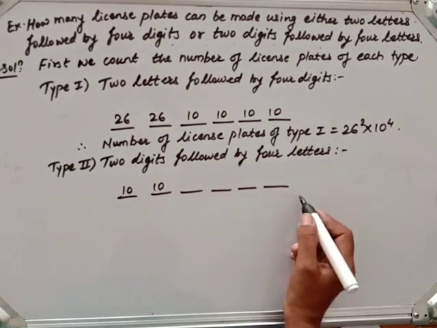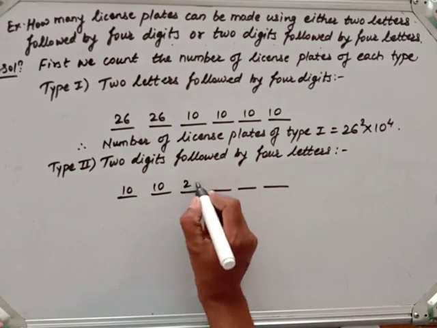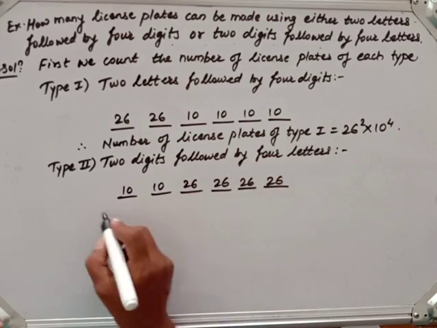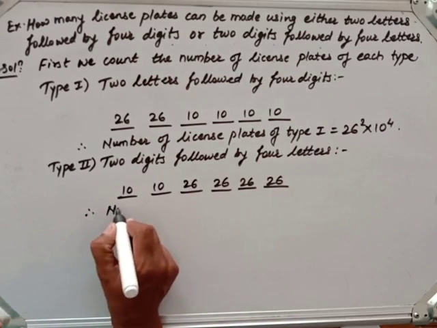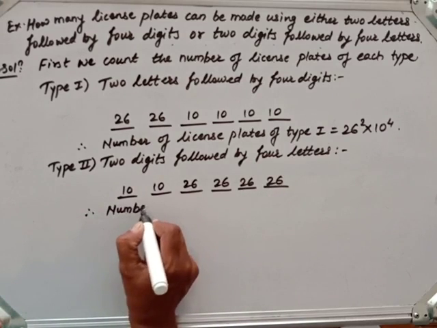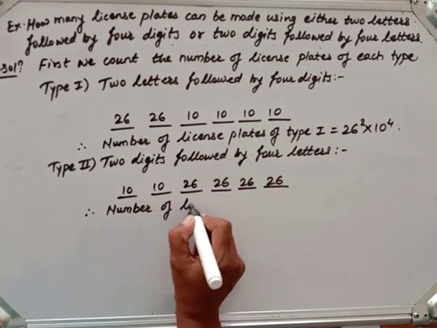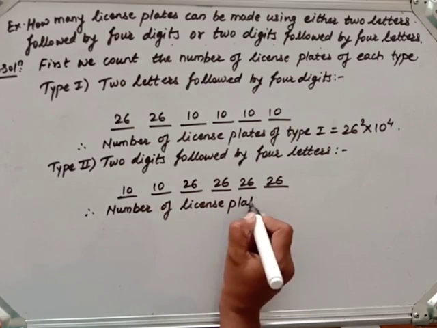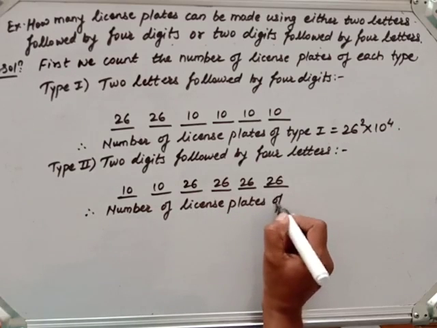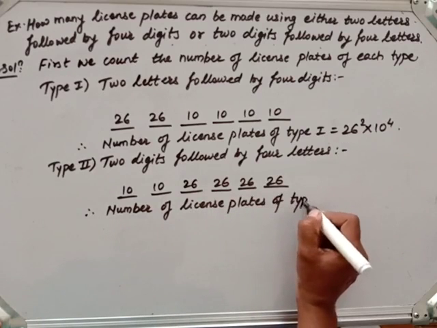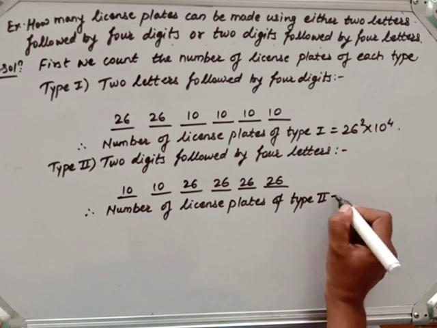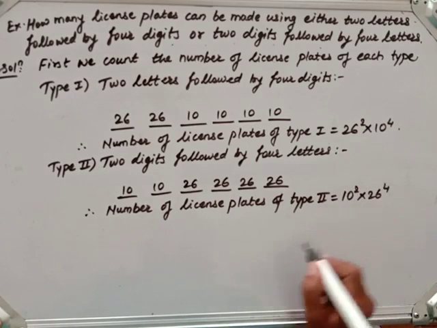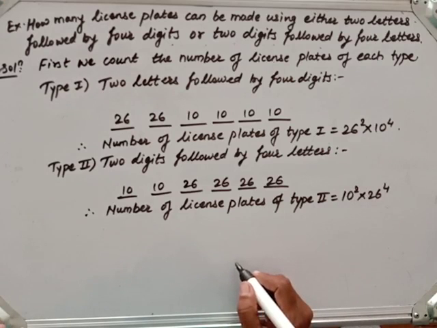And the remaining ones are the 4 letters, so each one has 26 choices. Therefore the number of license plates of type 2 is 10 squared times 26 raised to 4. This is the number here.